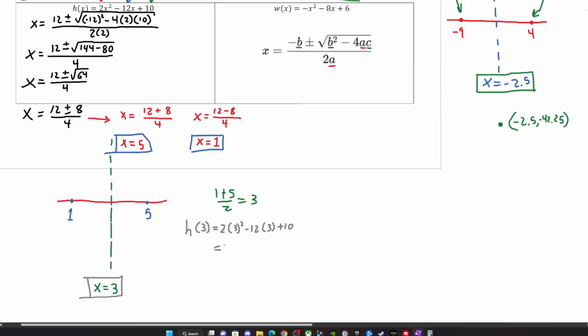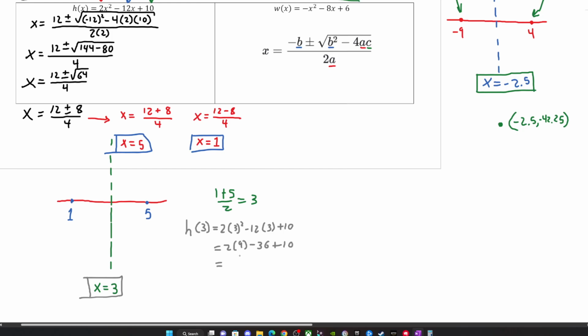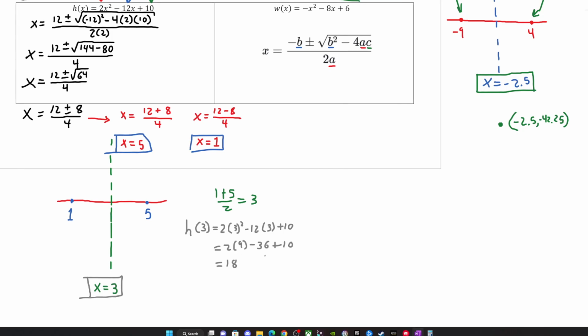Simplify all of this, it'll be 2 times 9 minus 12 times 3, that's going to be 36, plus 10. And then 2 times 9, this is just 18. And negative 36 and positive 10, that's just negative 26.